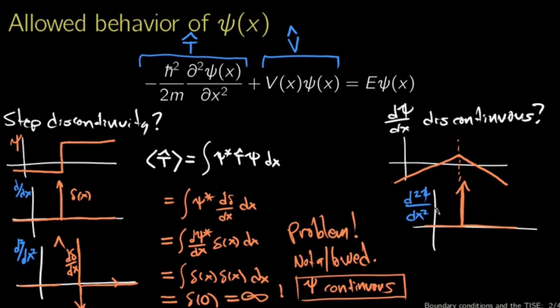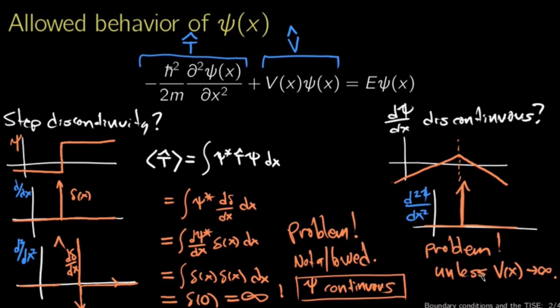But this isn't necessarily a problem, because there are other pieces of this equation that we could balance things out with. For instance, if the potential goes to infinity at the boundary, we might have something that we can work with. So this is a problem unless V of x goes to infinity.